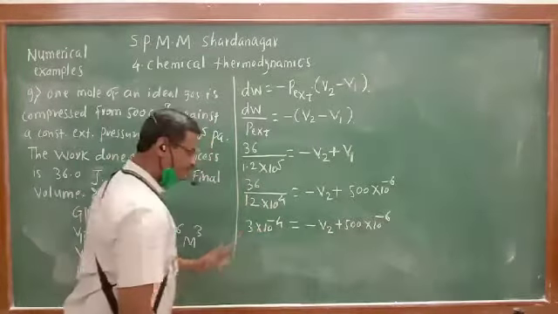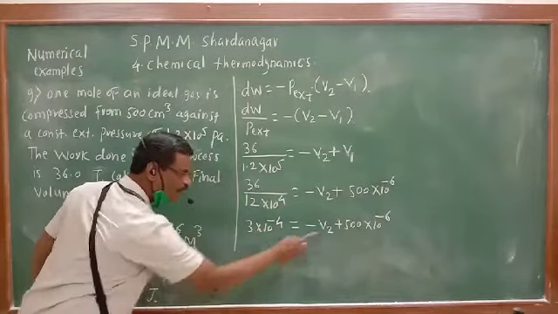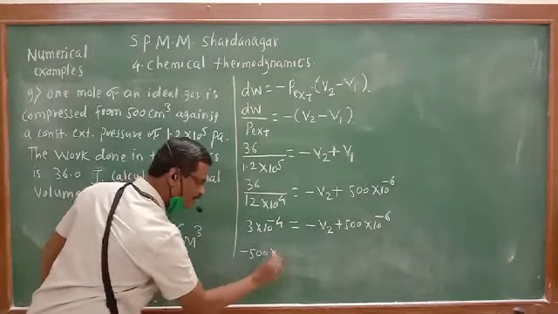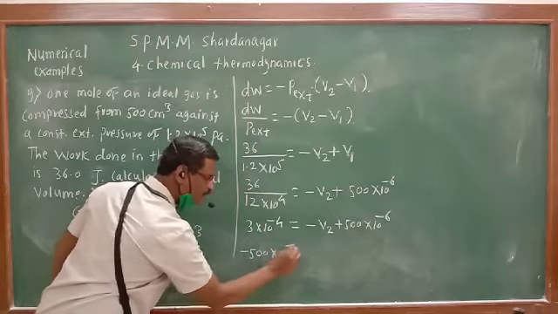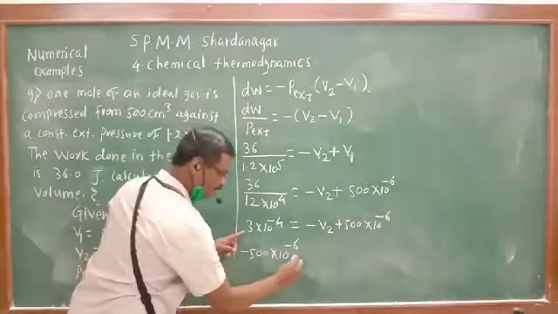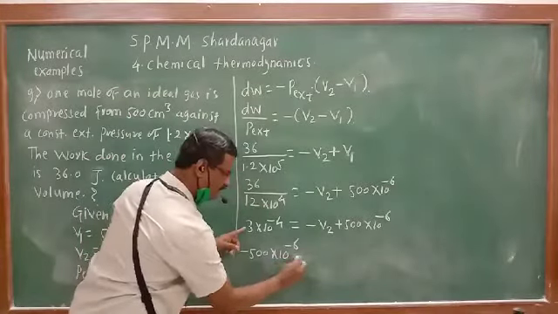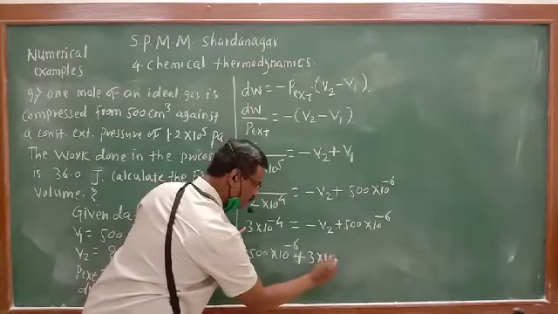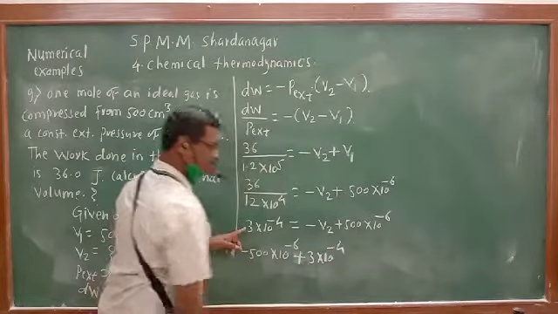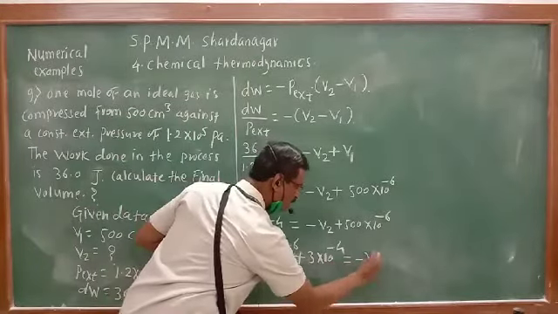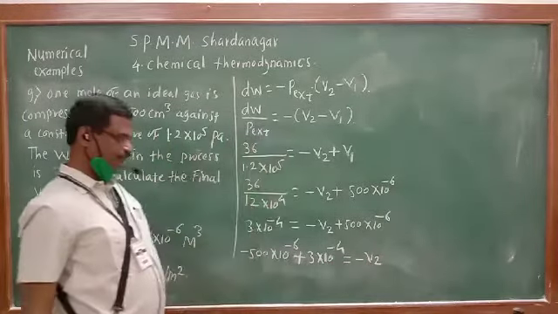This factor we are taking on the left side. So what does it become? Plus will now become minus. So minus 500 into 10 raised to minus 6, then plus 3 into 10 raised to minus 4 will be equal to minus V2.